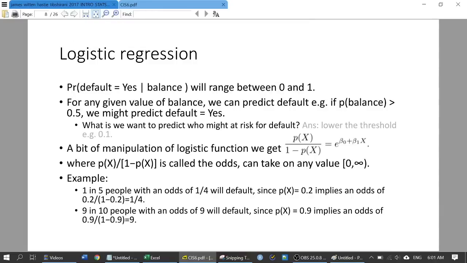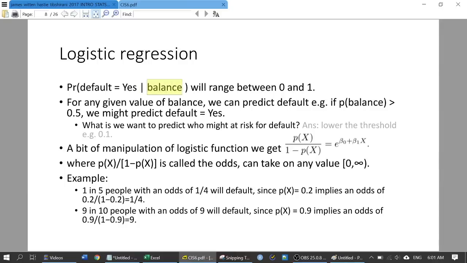So now let us talk about the logistic regression. One thing is that the probability must always range between 0 and 1. Here, Pr is for probability. So this is the response variable: default equal to 1, or y equal to 1, or default equal to yes, given the balance. So this is the predictor variable.